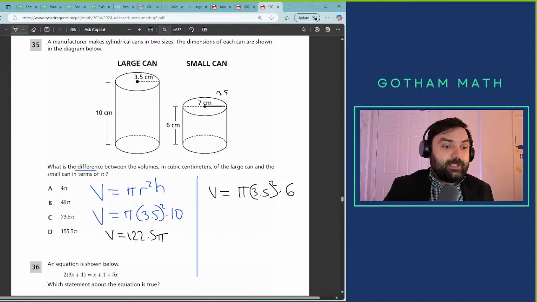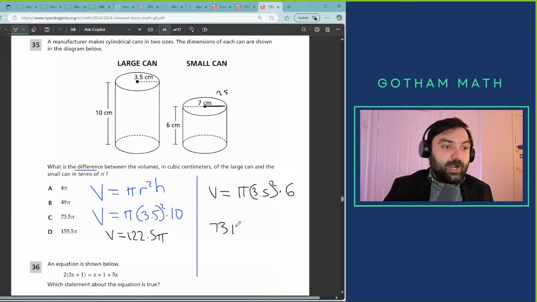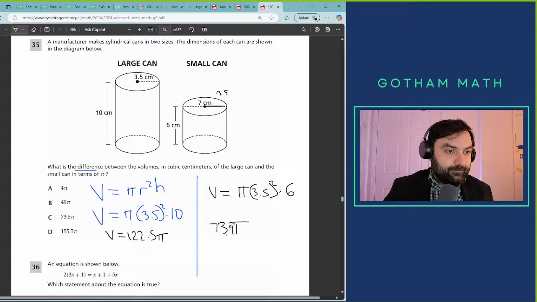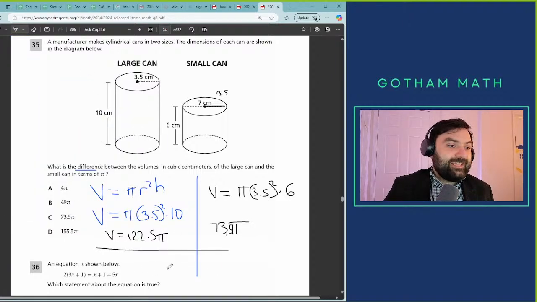And then another one is 3.5 squared times 6, which is 73.5 pi, my bad. And then we're going to subtract them. Using a little trick by subtracting right here, right now, the answer is 49 pi.